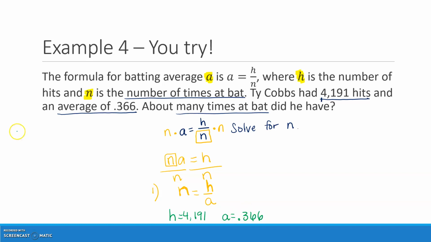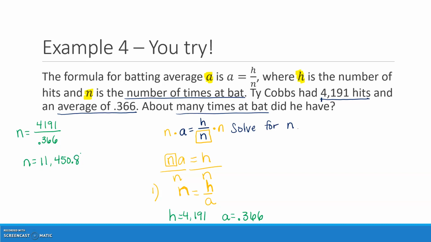So if I do N equals 4,191 all over 0.366, I'm going to get N equals 11,450.8.